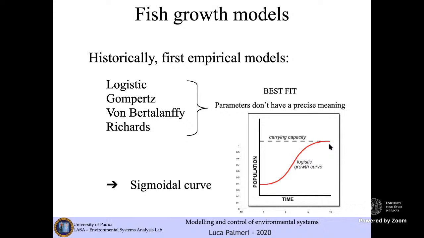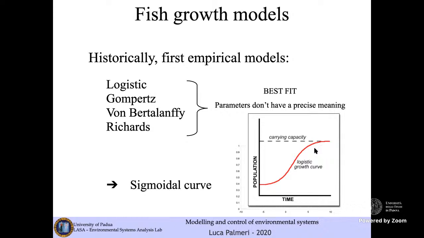If you want to build a meaningful biological model describing growth, you have to include some kind of limiting effects, and the most general way of describing this is by employing a sigmoidal or saturation curve in which the population growth tends to a limit called the carrying capacity of the system.